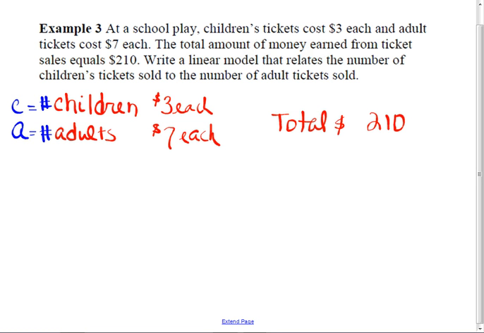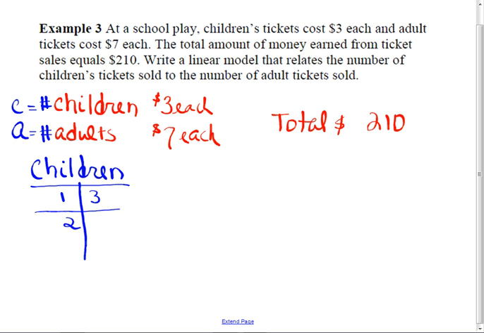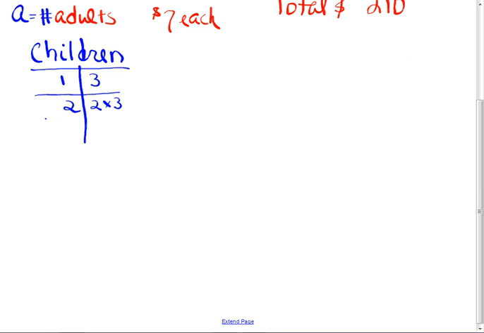Now let's do the children. If you sell one kid's ticket, they're going to make $3. What if you do two? So it's 2 times 3, right? What if you do 3? 3 times 3. What if you do 4? 4 times 3. What if you do C number of tickets?